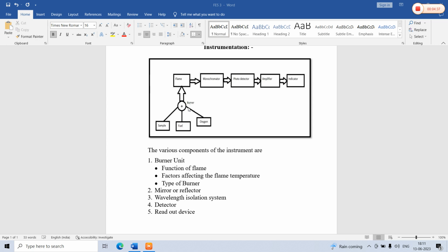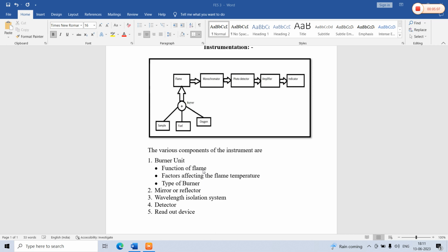Now what is the role of the flame? The flame has the ability to evaporate the liquid droplets from the sample solution. So evaporating the liquid droplet is the first function of the flame. The next one is to decompose the residue. After evaporation of the liquid droplet, there is a remaining part called the residue.